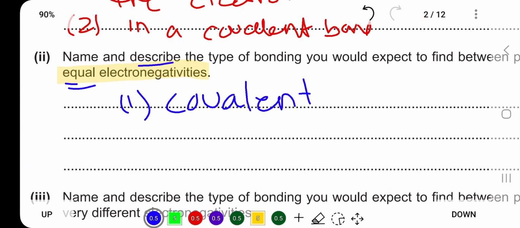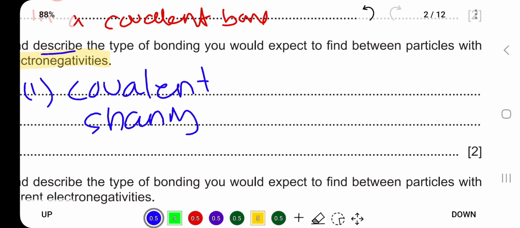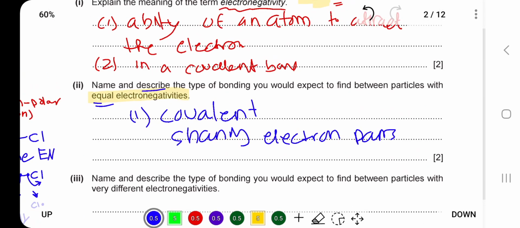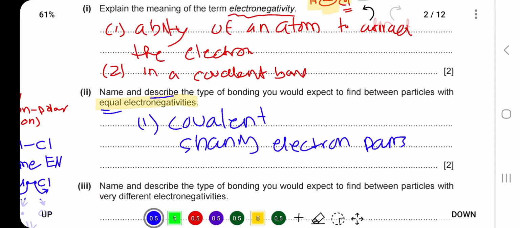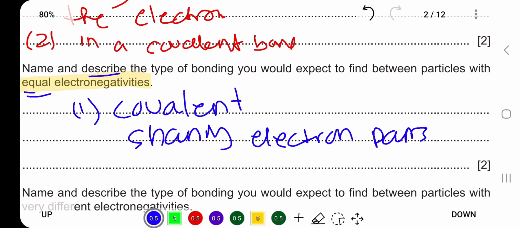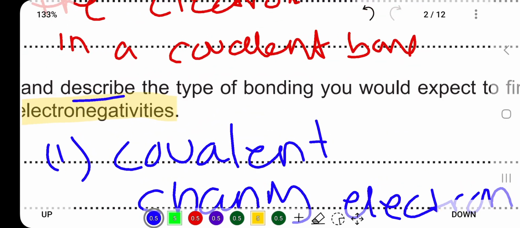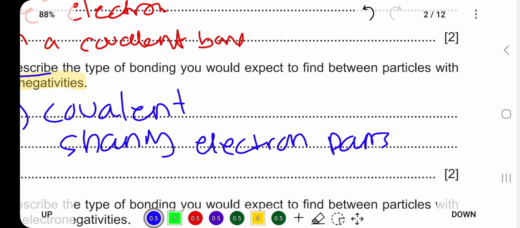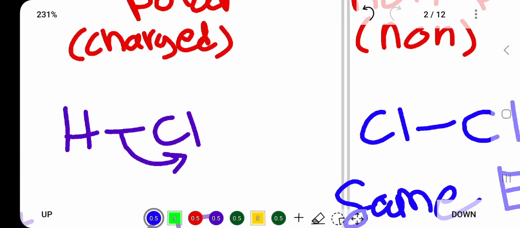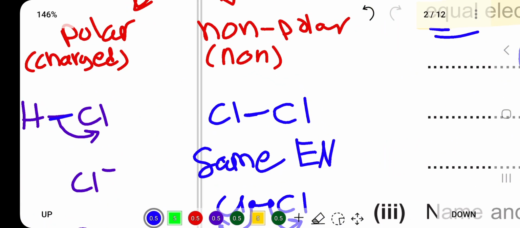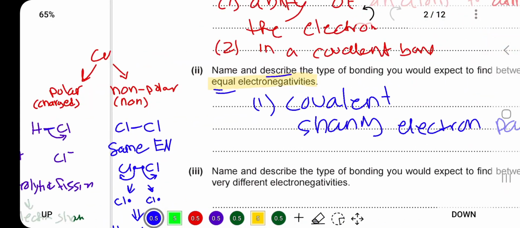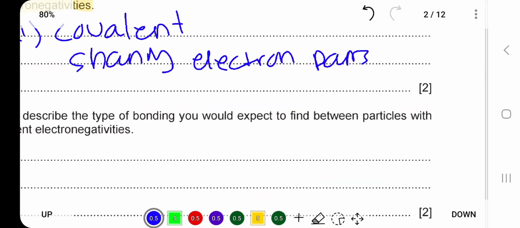And now they said to describe how, basically by sharing electron pairs, that's basically it. They did not actually ask that much about it, just said to describe the bonding, which is covalent, and how, which is by sharing electron pairs, which basically both of them have, but one of them shares equally and the other not equally. That's it for 2 marks.